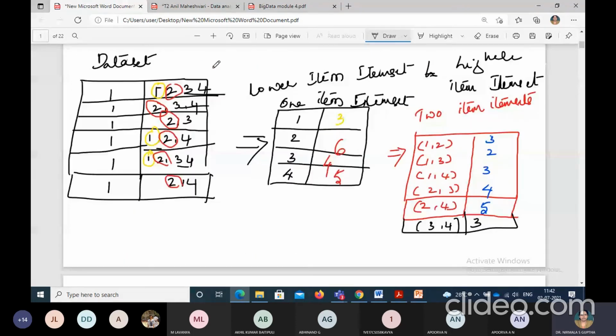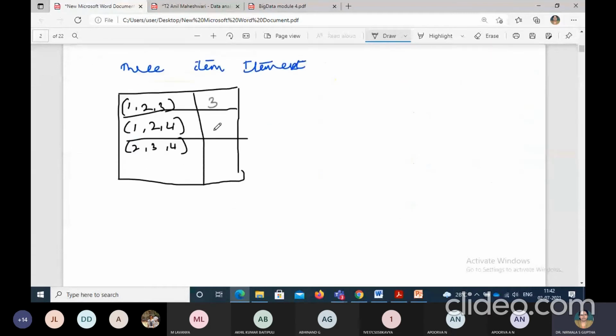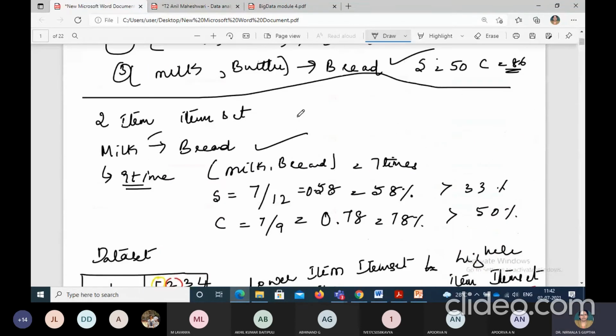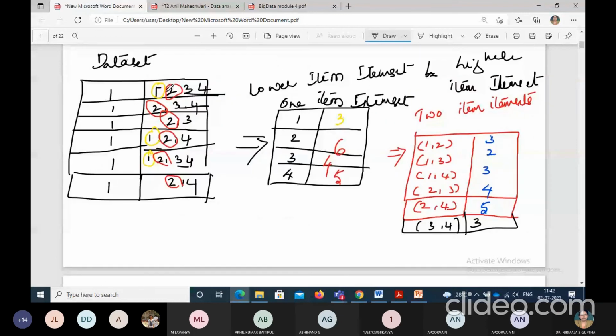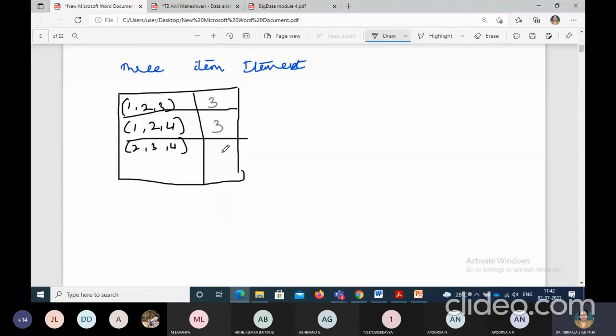So 1, 2, 4 is 1, 1, 2, 4 is 1, 1, 2, 4 is 1. So 1 plus 1 plus 1 is 3, correct? Then 2, 3, 4 is 1, 2, 3, 4 is 2, then 2, 3, 4 is 3, correct?